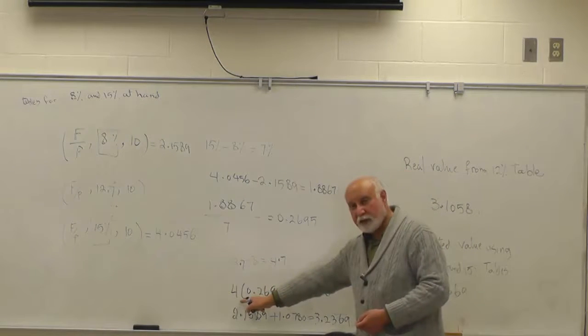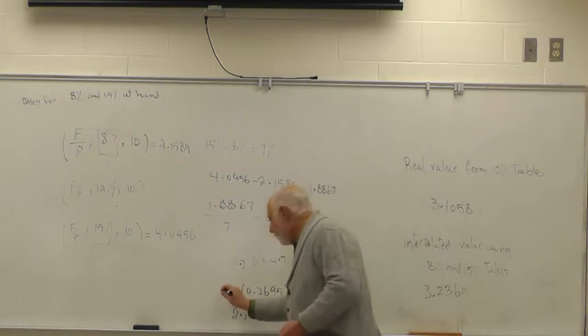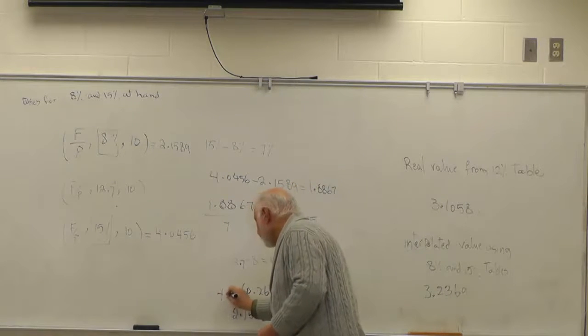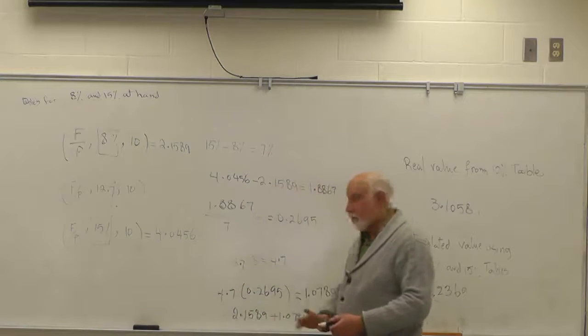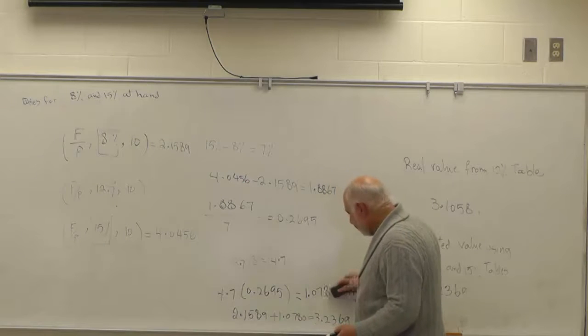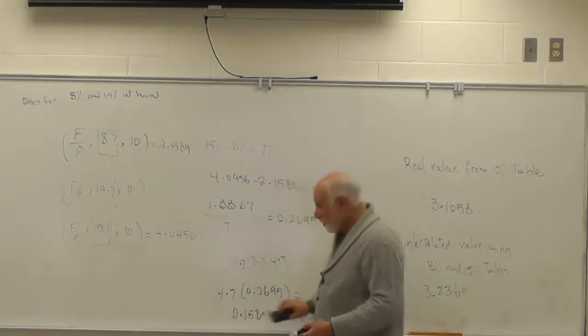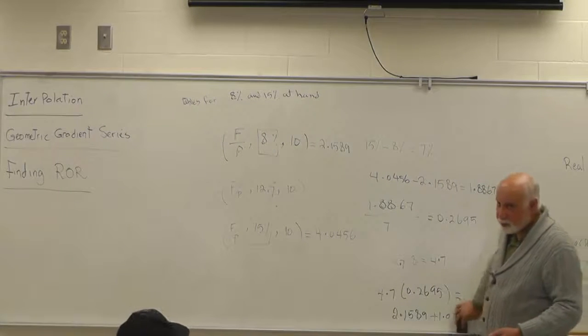And then what do you do in here? Instead of that 4, you will have 4.7 multiplied by that number, and so on. So the process is really, really simple.